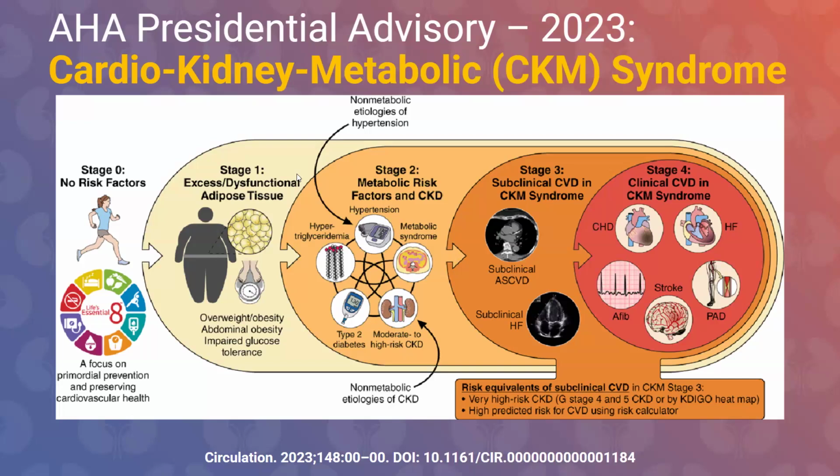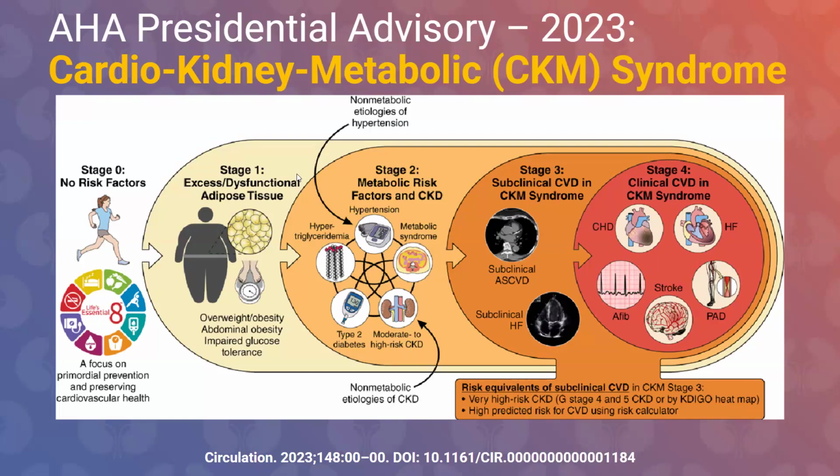But stage 2 is really where all the metabolic risk factors combine to form this, and various metabolic factors are included here: hypertriglyceridemia, hyperglycemia, type 2 diabetes, moderate to high risk CKD.